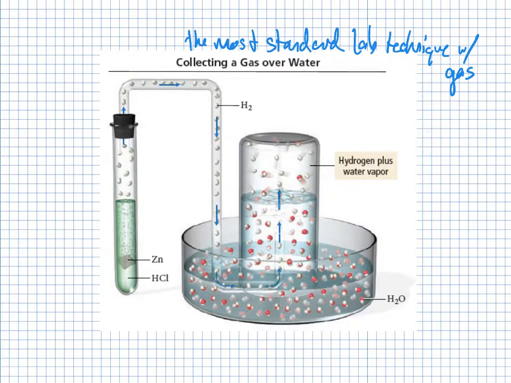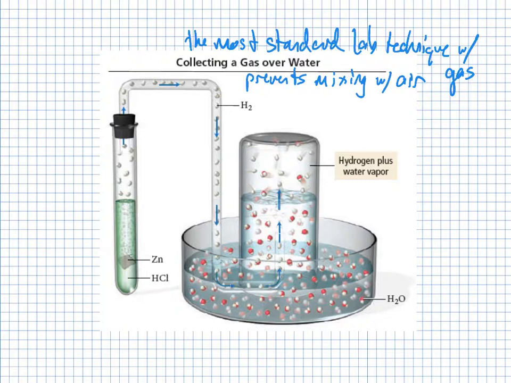Pretty much, this is the only way that you can guarantee that you only have the gas you want and not air. Collecting a gas over water prevents mixing with air, which is important because air is actually a really messy mixture of all sorts of other gases, and I don't want to deal with it.